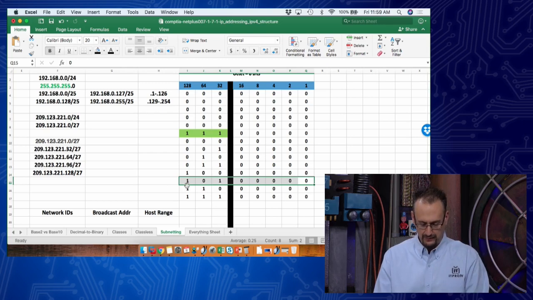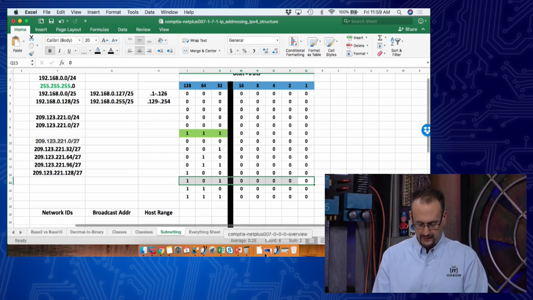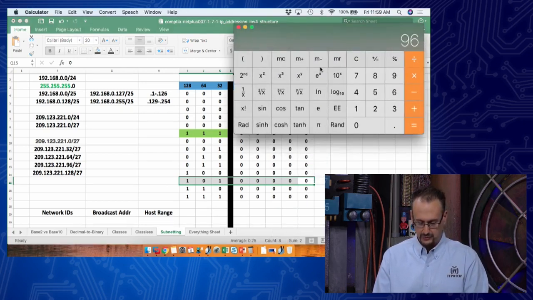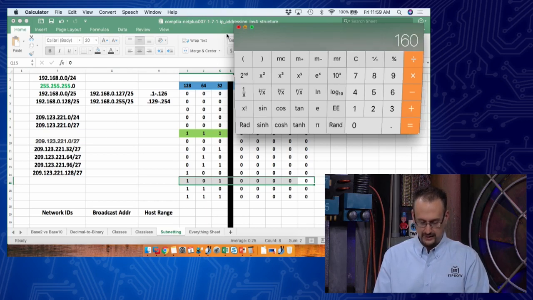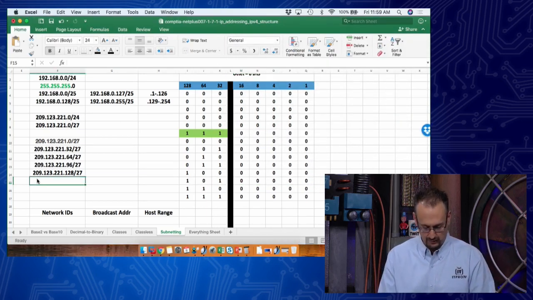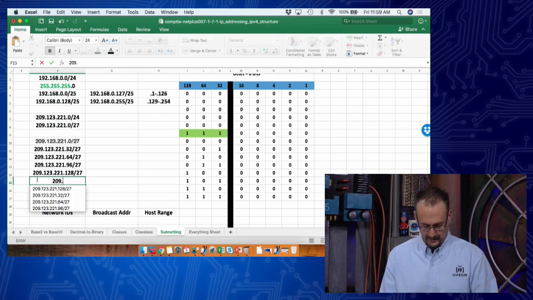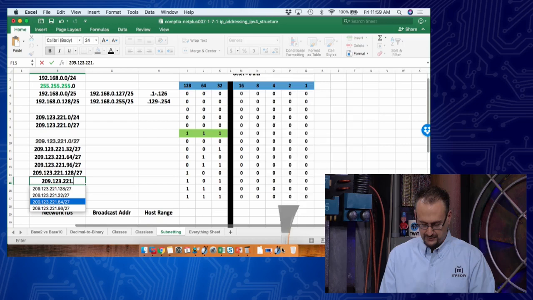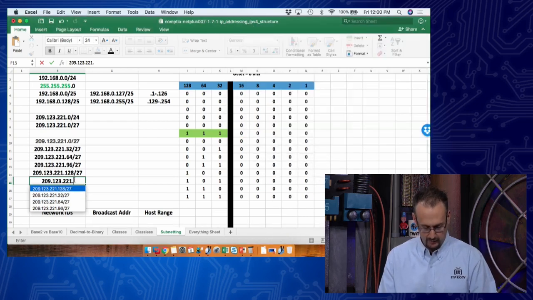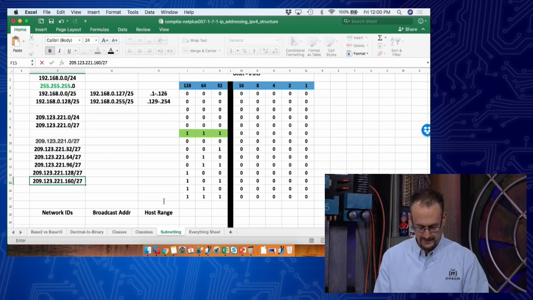Now we've got a 128 and a 32, and I'm not even going to prove to you how bad my math is, so we'll do 128 plus 32, and that gives us 160. So we can tell that the network ID for the next network is 209.123.221.160. Let me just double check myself, and again, a /27.